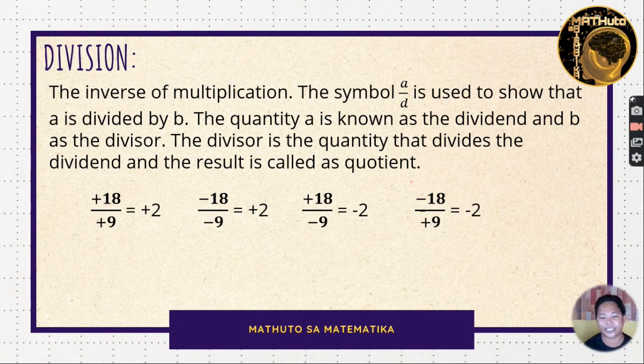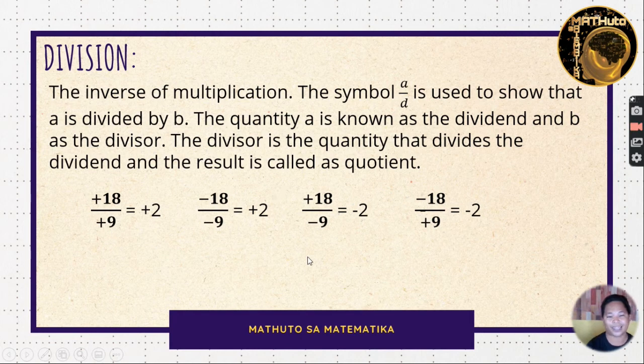And for our third example, positive 18 divided by negative 9, the quotient is negative 2. And if we're going to observe the last example, negative 18 divided by positive 9, the quotient is negative 2.